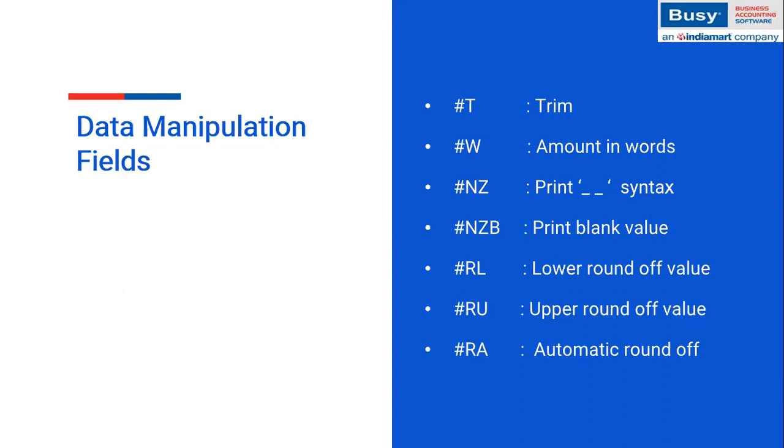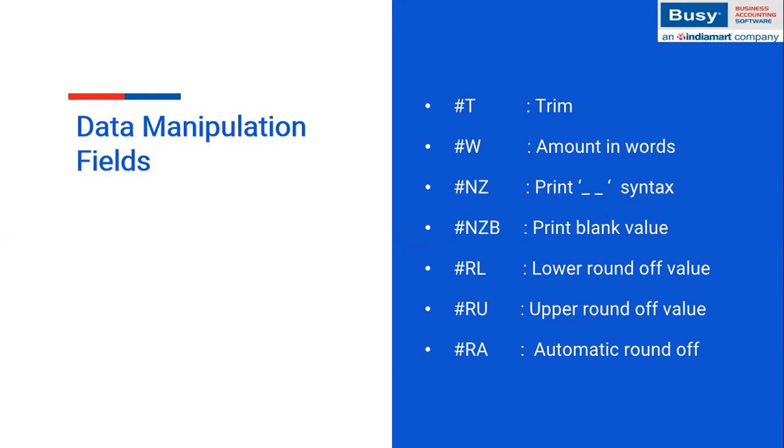Hashtag RL: if you want the lower round-off of a value, let's suppose the invoice amount is 19.88. It will print 19 instead of 19.88, because it prints the lower round of the value.